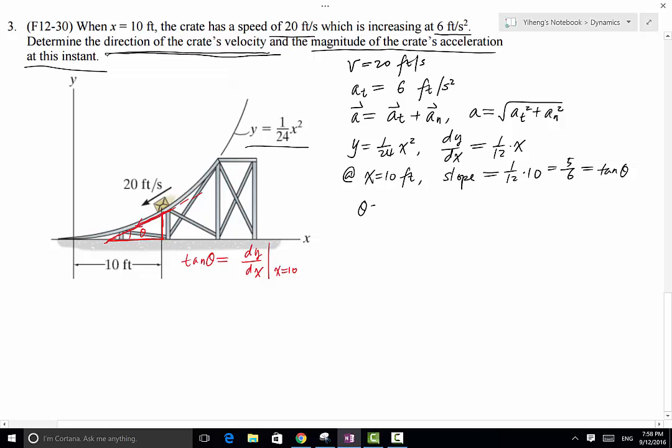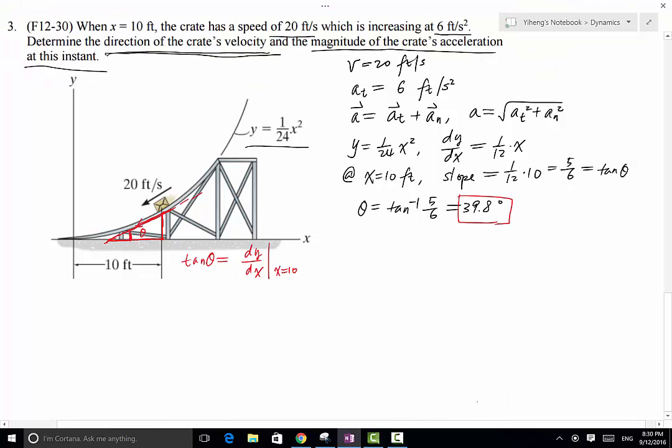Therefore, theta equals the inverse tangent of 5/6, and that is 39.8 degrees. So that's this angle right here, and that specifies the direction of the velocity, which is at an angle of 39.8 degrees with the horizontal direction.